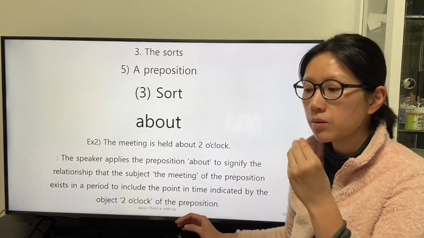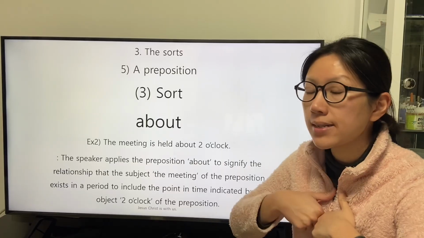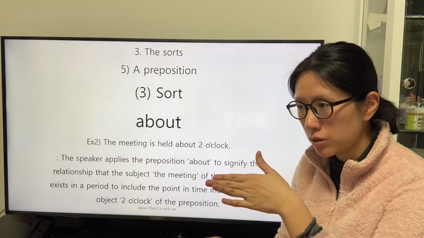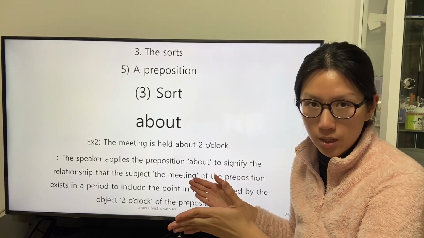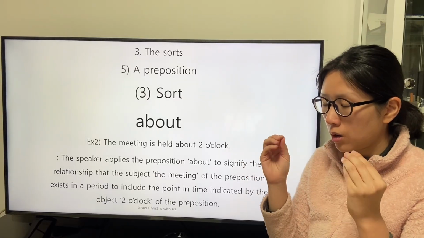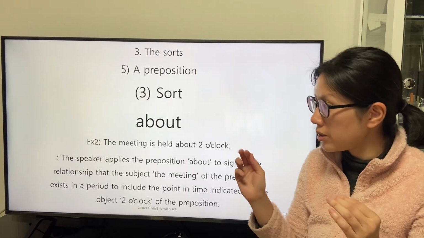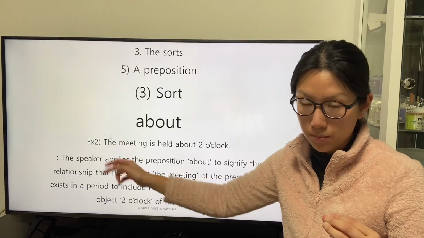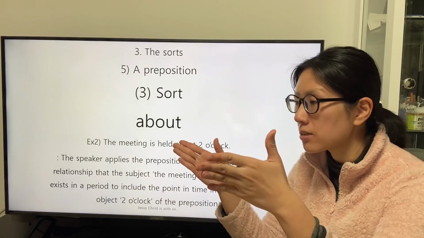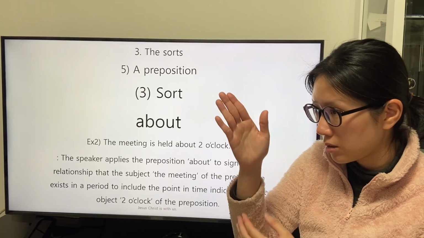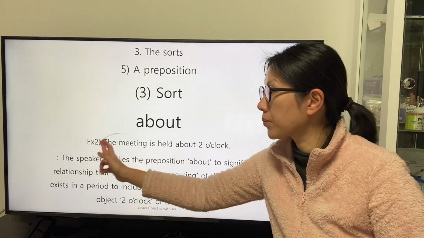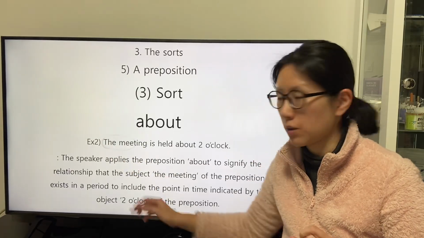And the speaker additionally includes the intent about describing the ambiguity about the existence of the subject, the exact time and place for the existence of the subject.